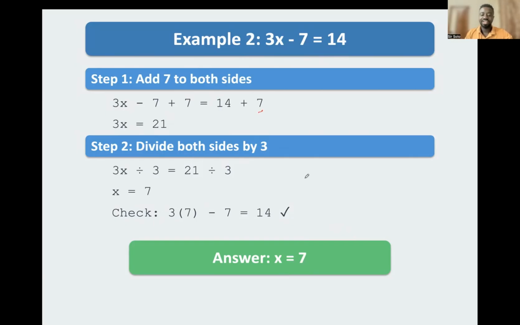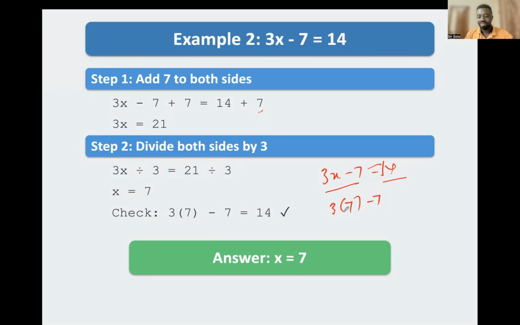You know, check and see if your answer is right. In the original expression, 3x minus 7 is equal to 14. When you substitute x back with your answer, it should be the same. You say x is what? 7. Into here, we have 3 times x, now x is 7, minus 7.